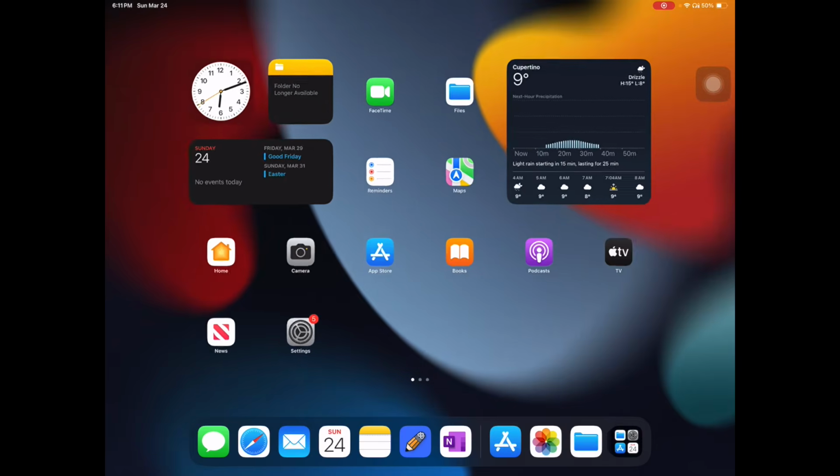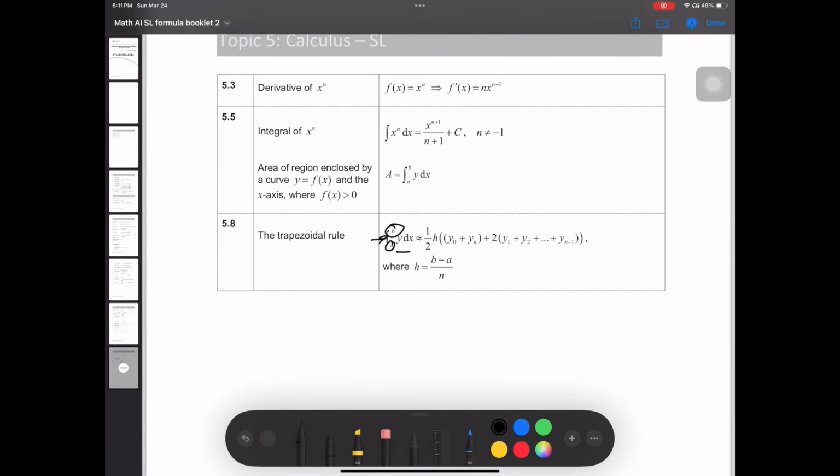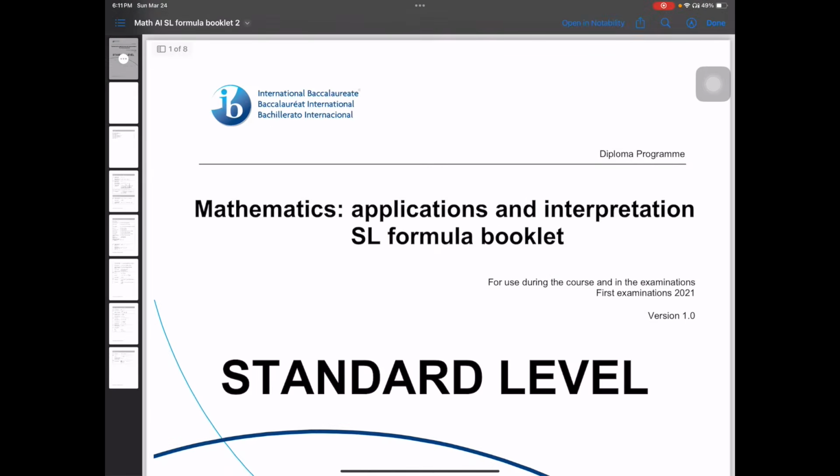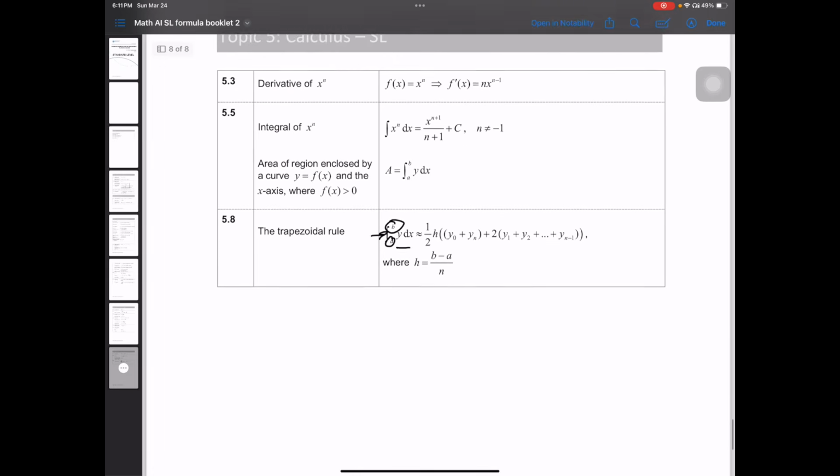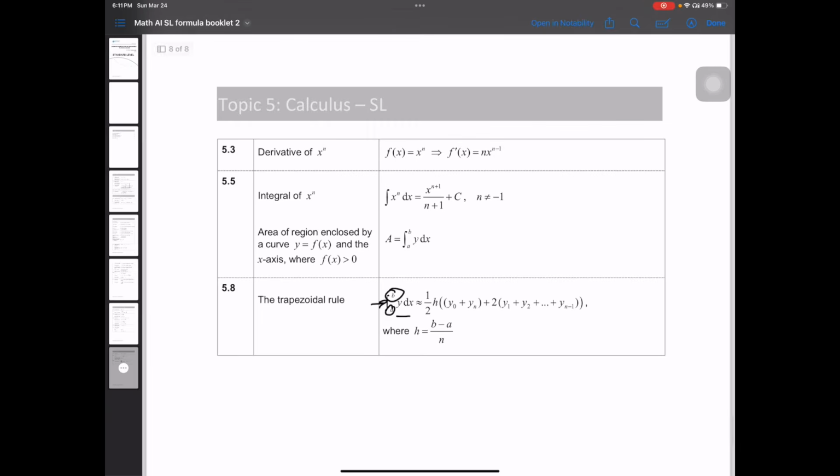Let's actually look at this in the formula booklet. Here we go. Calculus. There it is. So 5.5, the integral of x to the n is x to the n plus 1 over n plus 1, plus c, that unknown constant.